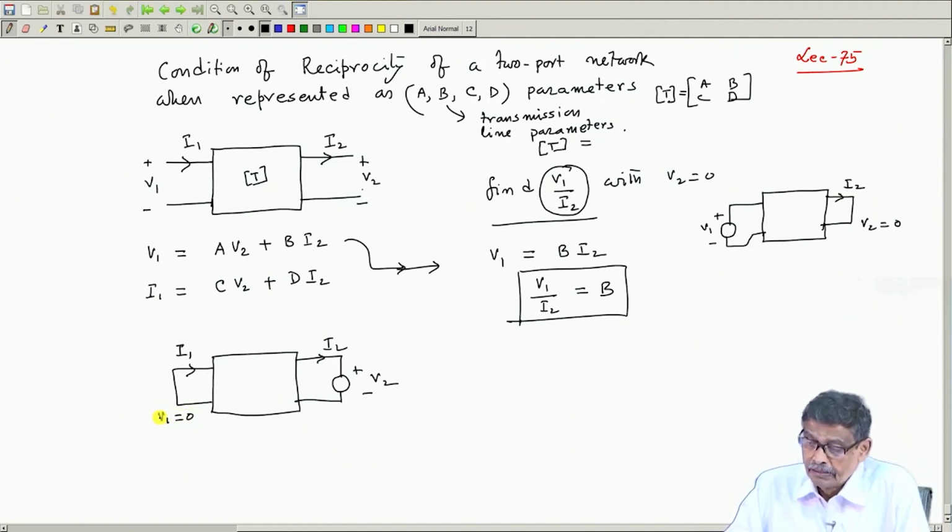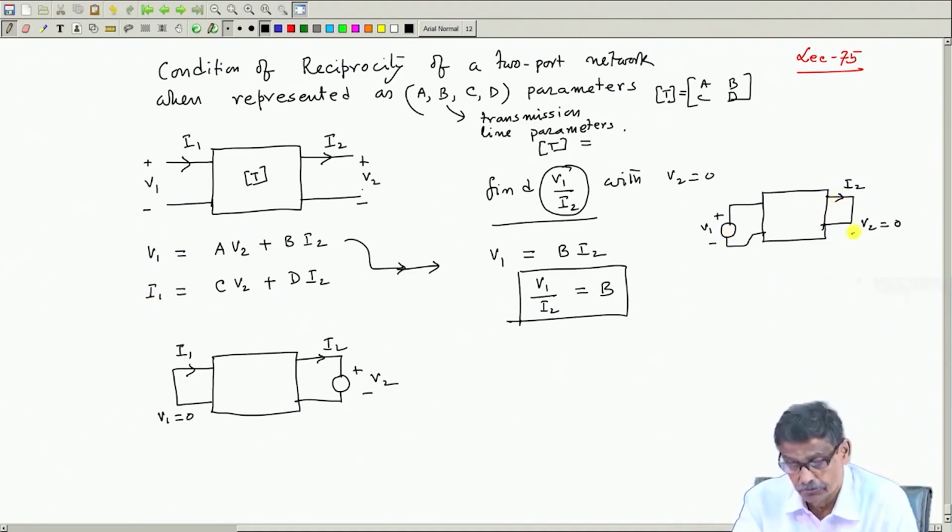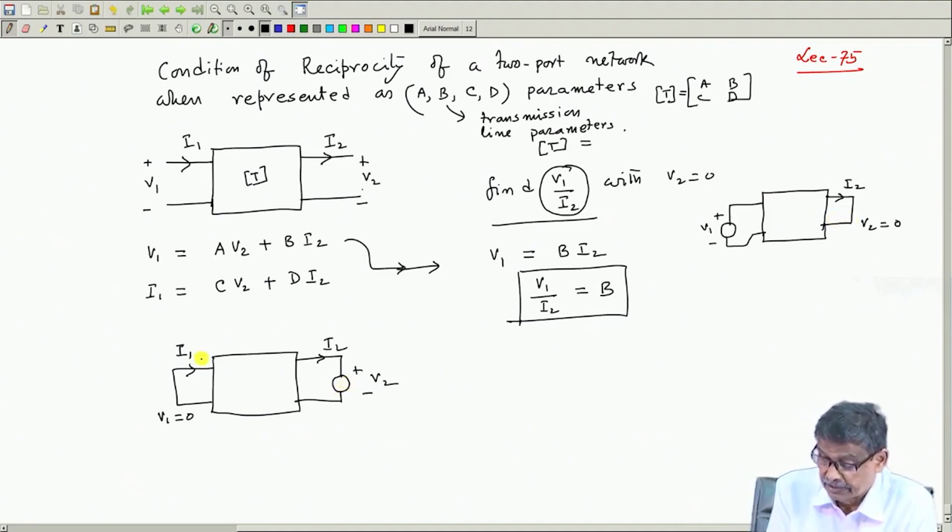Now I calculate V2 by I1, but should V2 by I1 be equated to V1 by I2? No, because you energized V1 and showed the current coming out as I2. Now you have applied V2 here, and the current on the other side in this direction is minus I1. I should take this ratio, that is what is important. Anyway, first calculate V2 by I1.